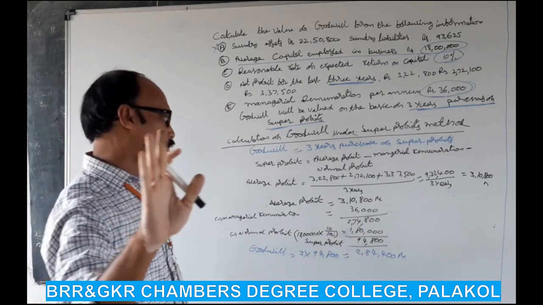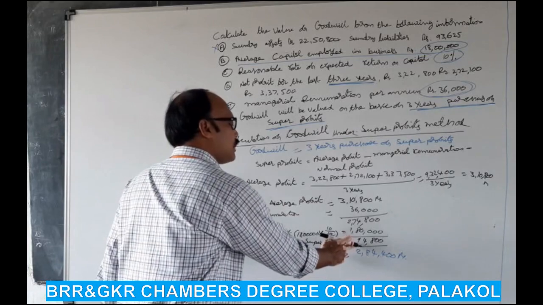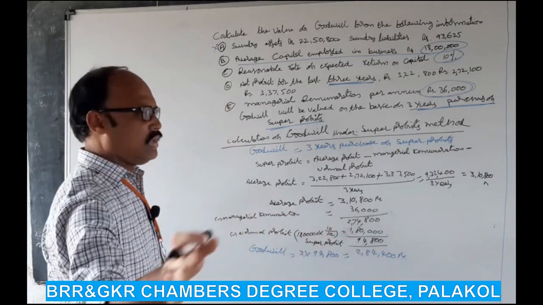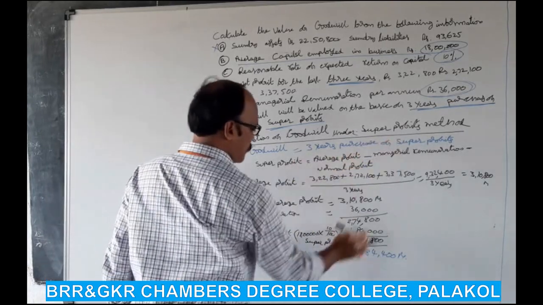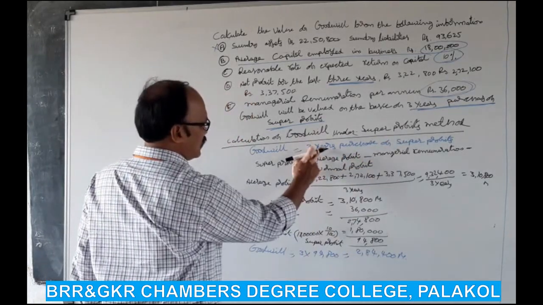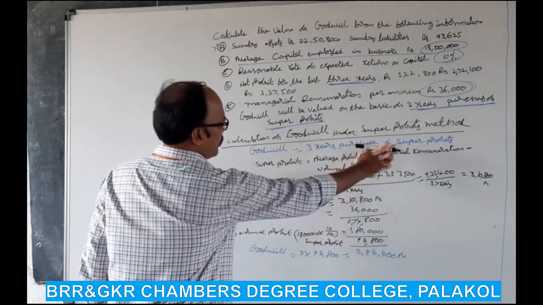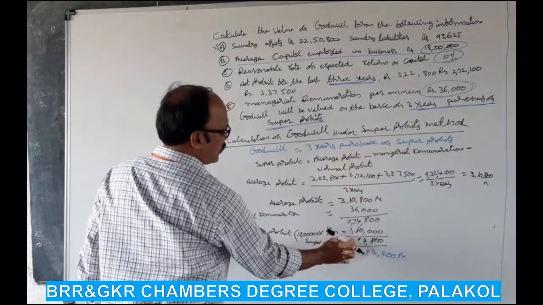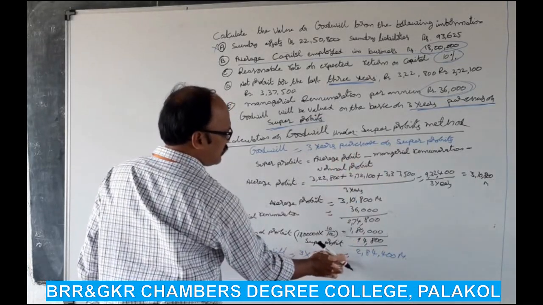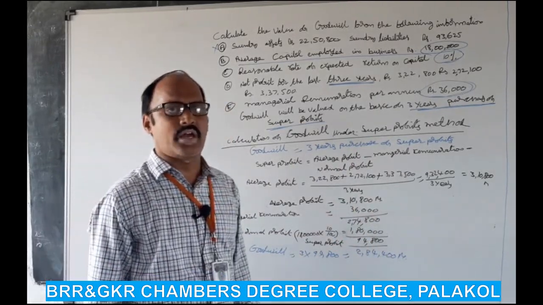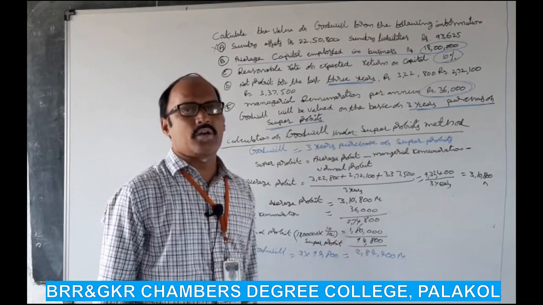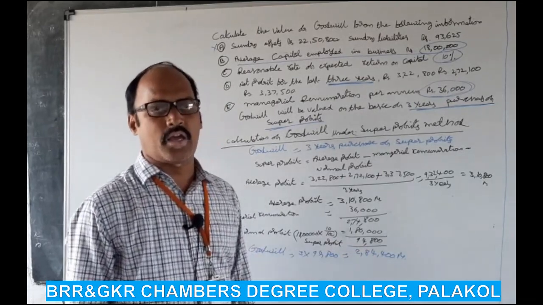Then goodwill is equal to 3 years purchases of super profits, 3 into 94,800, which is 2,84,400 rupees, to be treated as goodwill. Okay, thank you.